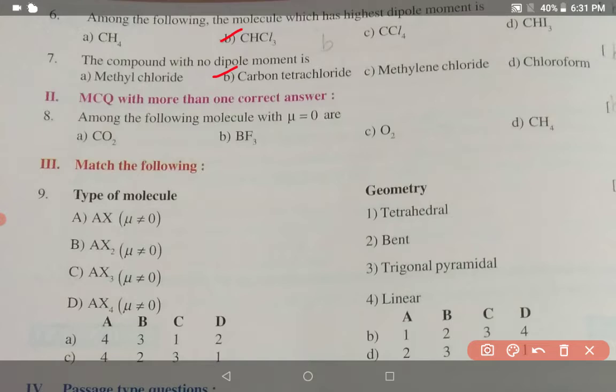Now the second bit: we are going to see MCQ questions which have more than one correct answer. Among the following, molecule with mu equal to 0. As I have already told you, mu is nothing but dipole moment. So here they are asking which molecules have dipole moment as 0.